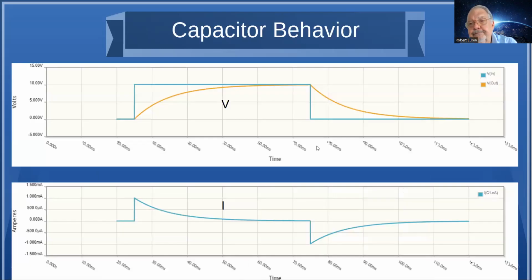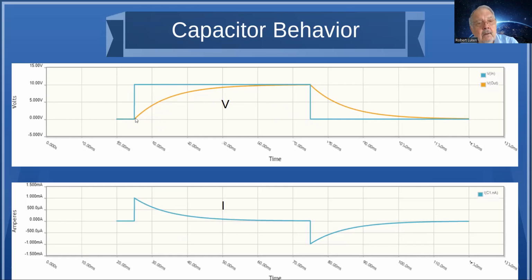So if we plot what that looks like, the blue up here is our voltage square wave. It's going up to 10 volts, and it lasts for a tenth of a second, or actually half of that. The yellow is the actual voltage across the capacitor.